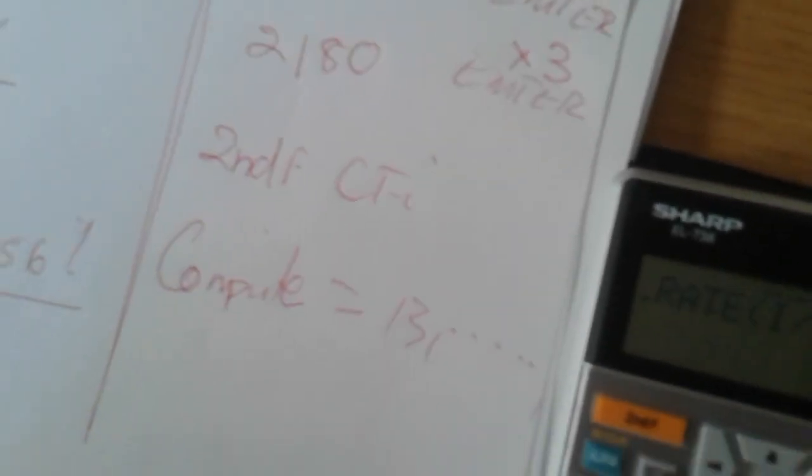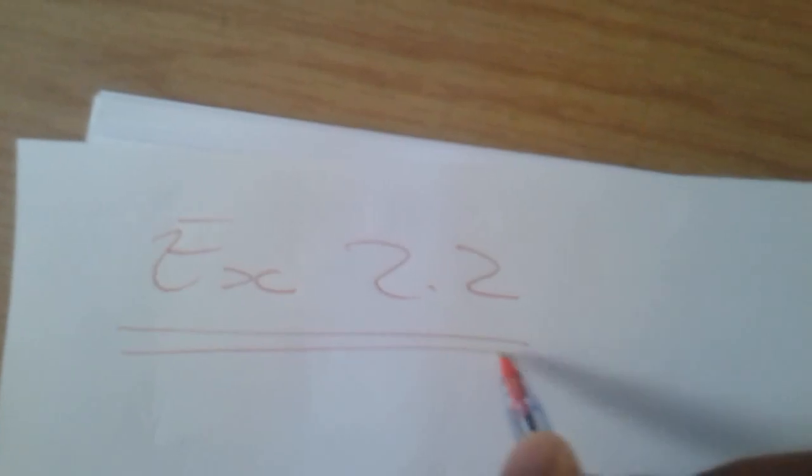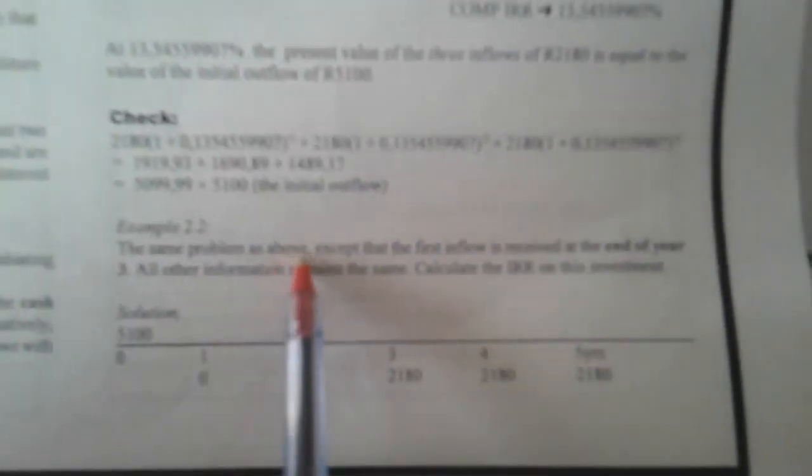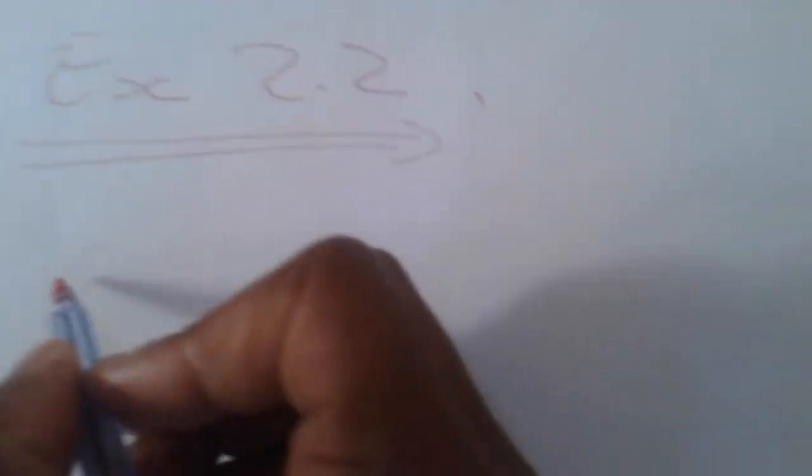Now let's look at example 2.2. This was example 2.1. Let's look at example 2.2. There we go. The same problem as above, except that the first inflow is received at the end of year 3. So let's look at our timeline, or let me draw mine here.